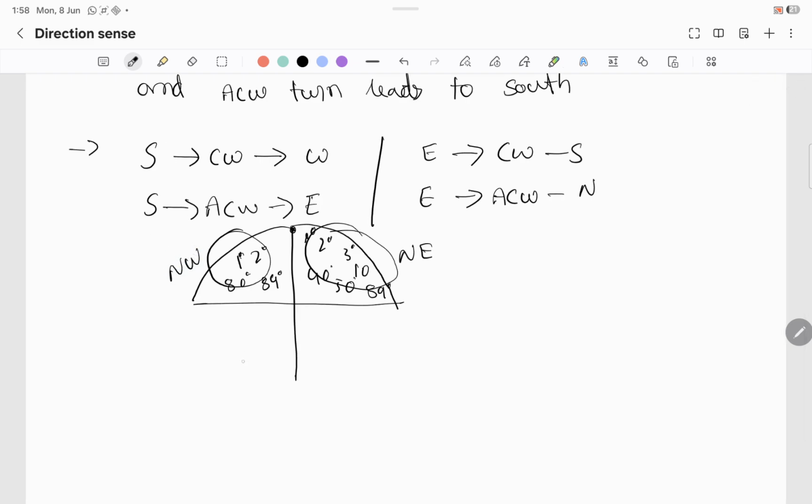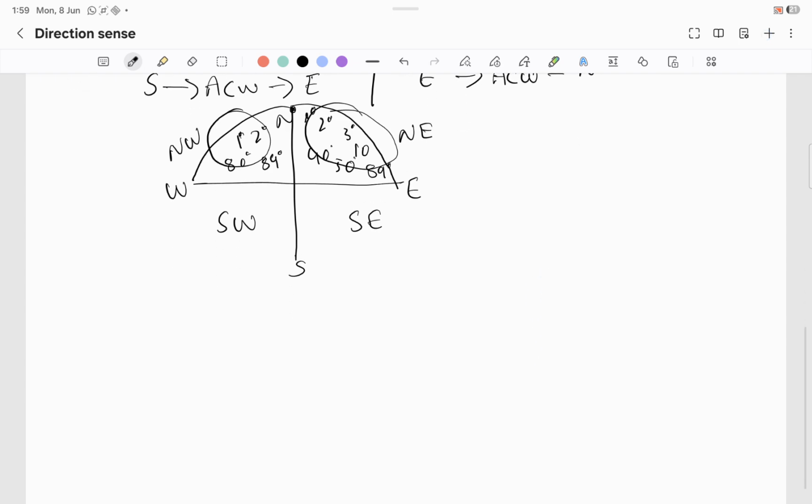This region between west and south is southwest. This region between east and south is southeast, and this is north. So hope you understood.